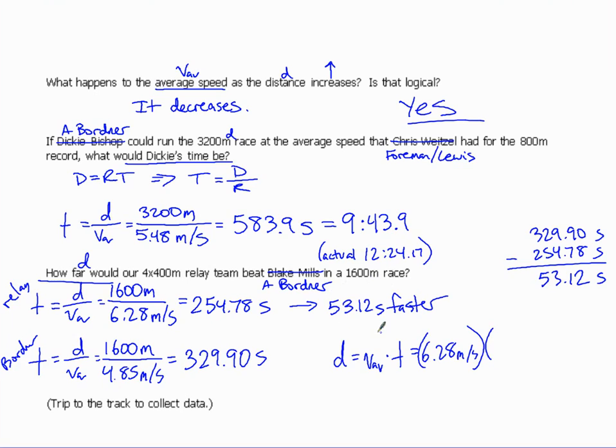And how much time would they have kept running before our individual runner would have finished? 53.12 seconds. This is how much time the relay team was running before the other one finished. Put this in your calculator, and the last relay runner is 323 meters ahead of our individual runner.